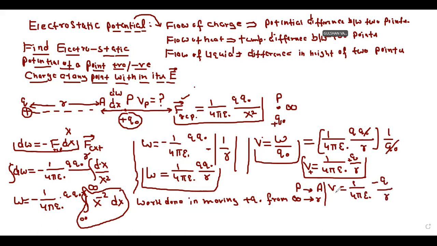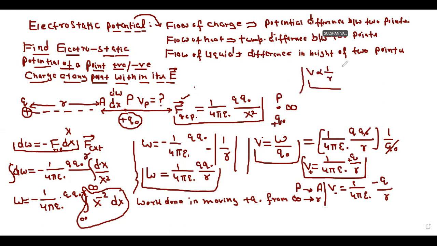So the potential due to a negative charge is negative. So we have two potentials: one is the positive potential due to a positive charge, and the other is the negative potential due to a negative charge. From this equation, we can say that the potential is inversely proportional to r.